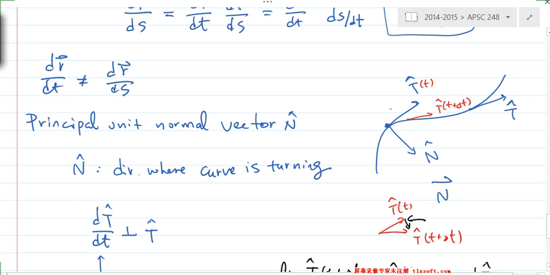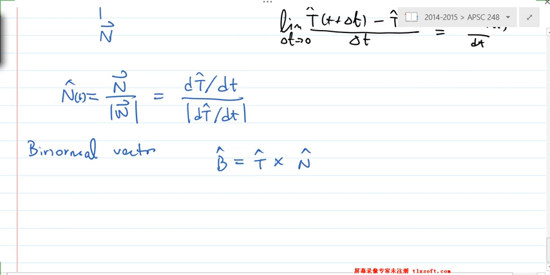How about this location here? First of all, where should the N hat direction be? Then with N and T cross N, the B is out of the page here. Out of the page, right hand rule. Now, what's the relationship when you have x, y, z coordinates?